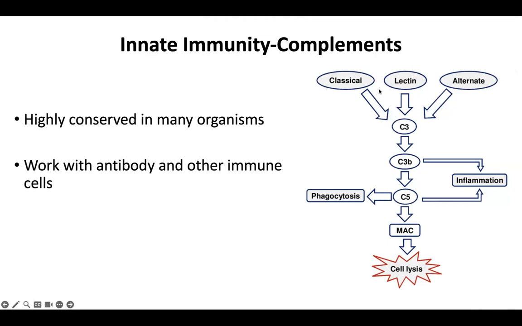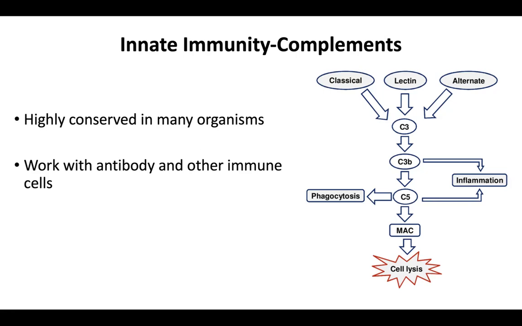You have the classical pathway that needs antibody to mediate the recognition, and you have one that can just bind to the microbe directly, such as lectin, which can bind to the bacteria based on the lipopolysaccharide molecules or something like that. And alternatively, you have a slightly different version that recognizes fungus. It recognizes specific molecules present in the fungus.